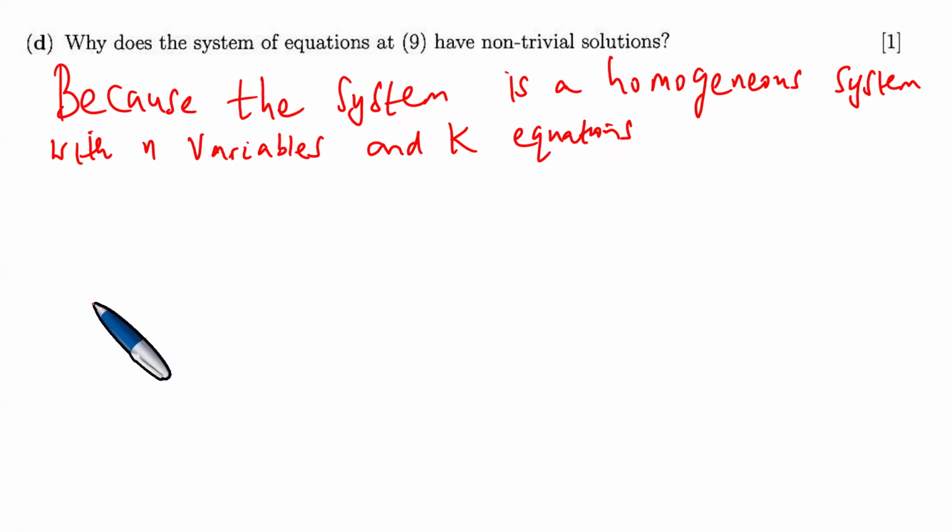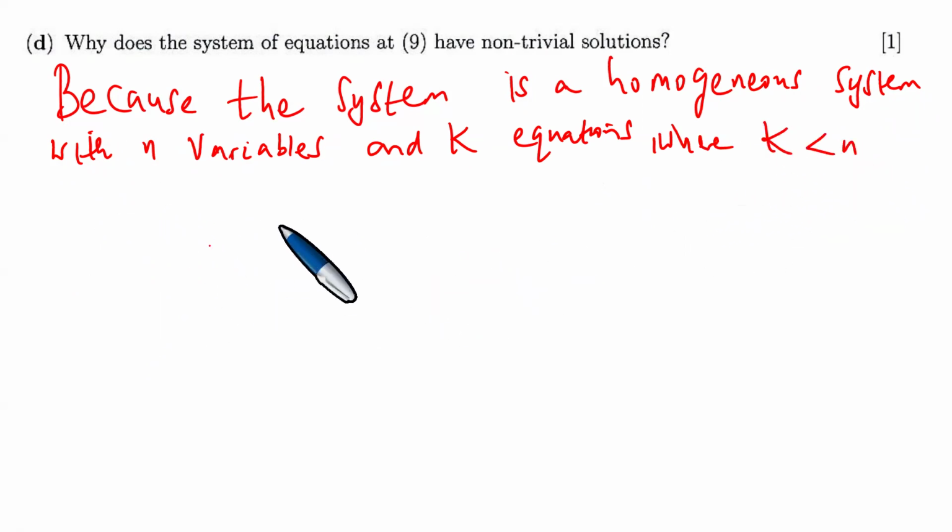This is very important. So this system is a homogeneous system with n variables and k equations, where k is less than n.